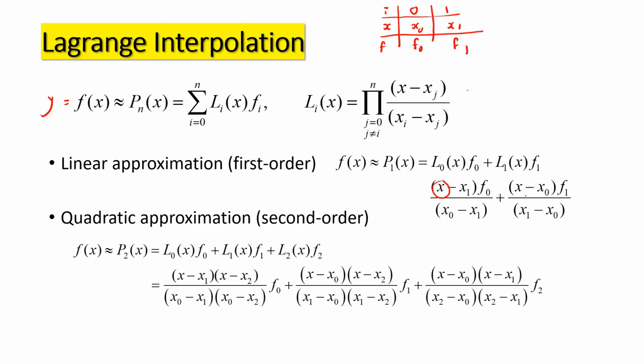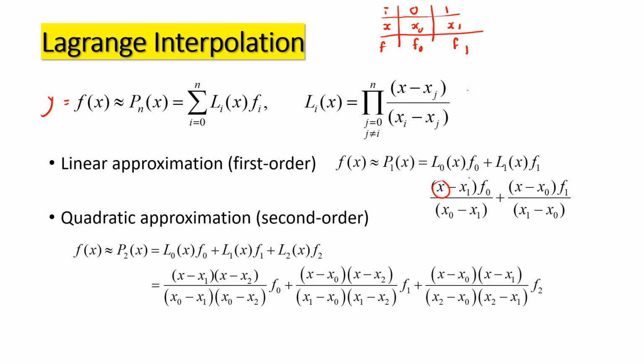And then for L1, this will be x1. This point cannot be x1, because if x1 minus x1, then you have the division by 0 problem. So that's why it is x1 minus x0, and the numerator will be x minus x0.